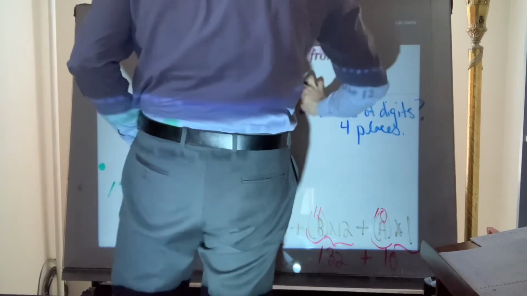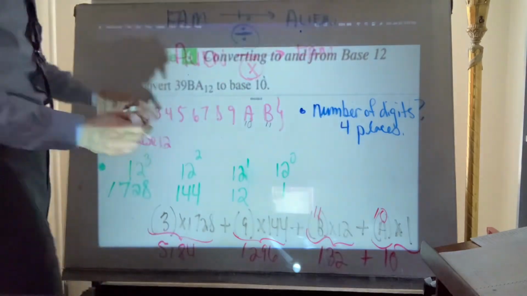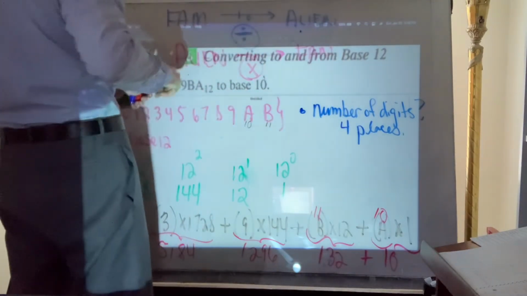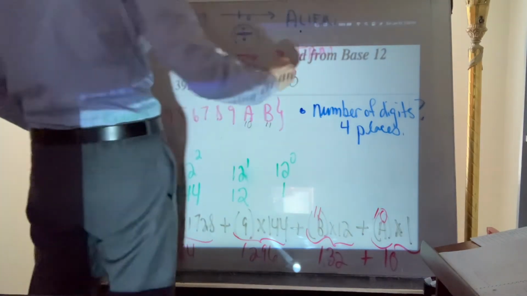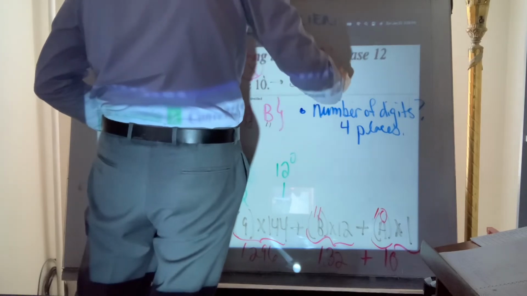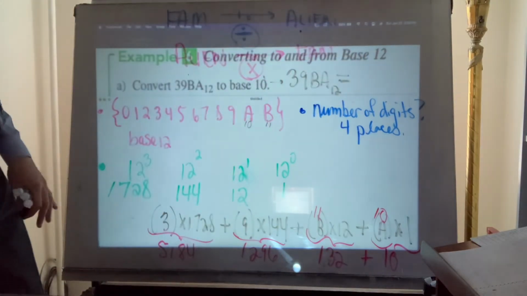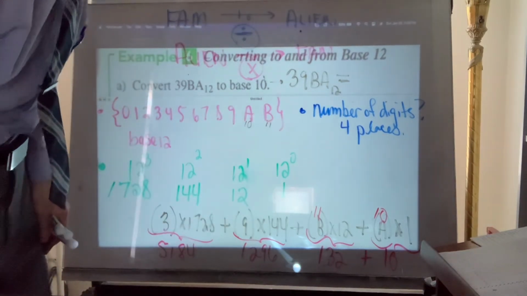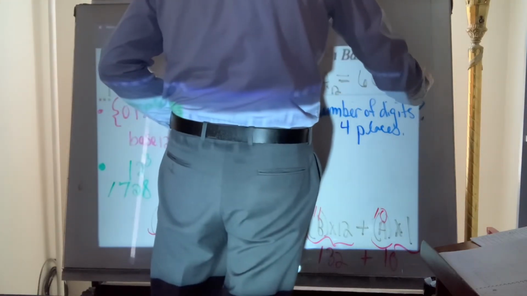That means that 39BA in base 12 should be equal to 6,622 in base 10.